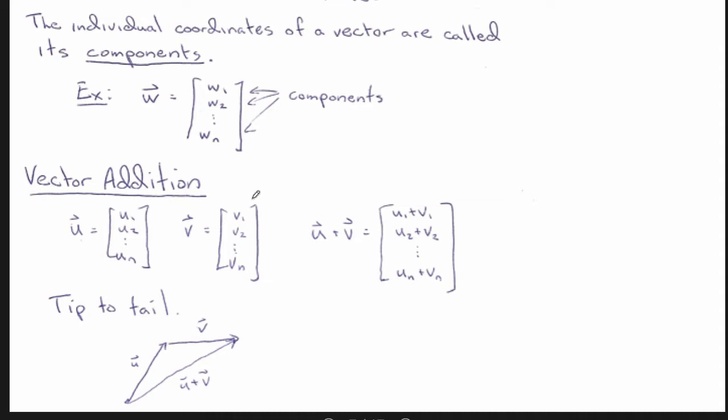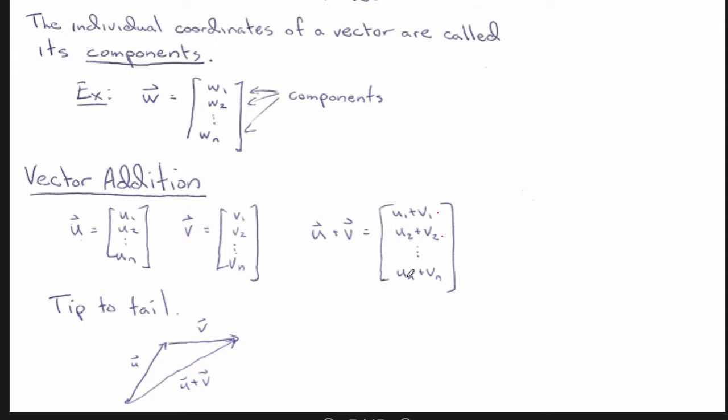Now, vector addition is mathematically very straightforward when you're calculating it. If I have some vector u and some vector v, then u plus v is just adding the corresponding components of u and v. So u1 plus v1, u2 plus v2, un plus vn.